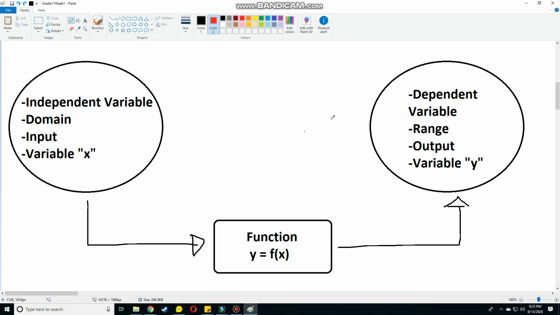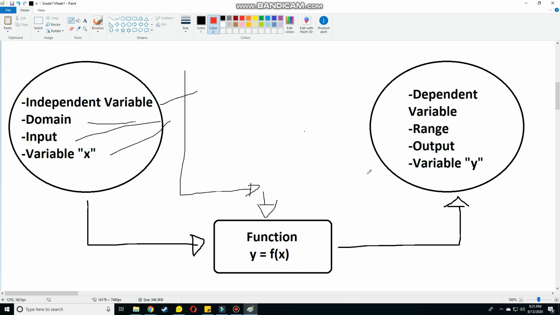The flow of this one is just like planting trees. Okay, for example, you were planting trees, and the seeds that you have are named independent variable, domain, input, and the variable x. After planting the seeds, they undergo different processes like photosynthesis or whatsoever.